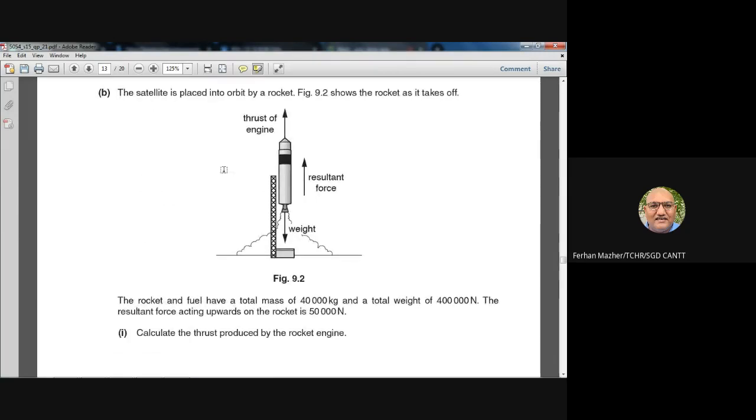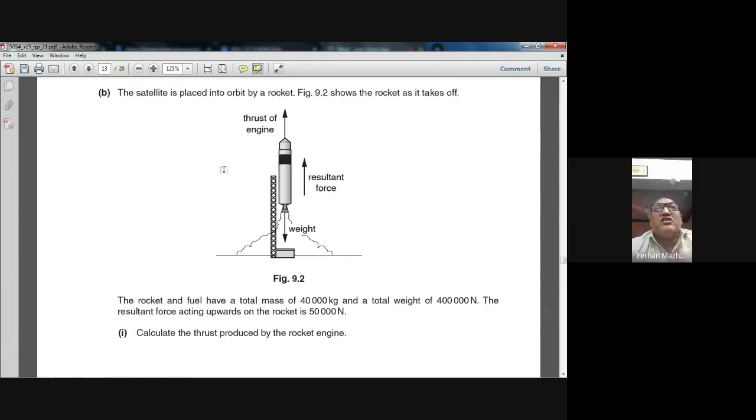Okay, the next part, part B of question number 9, May June 2015, 2-1 paper. The satellite is placed into orbit by a rocket. Figure 9.2 shows the rocket as it takes off. The rocket and fuel have a total mass of 40,000 kg and a total weight of 400,000 Newton. The resultant force acting upwards on the rocket is 50,000 Newton.